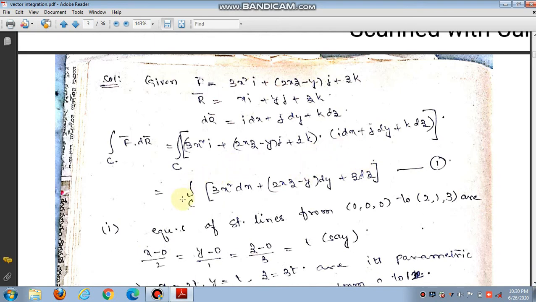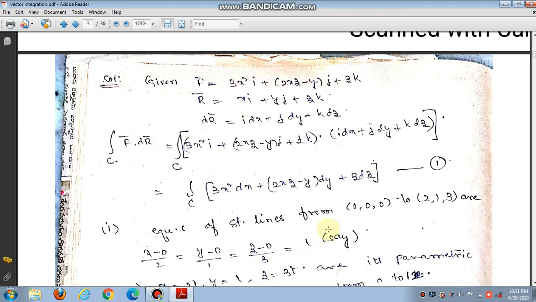But here two different problems are given, and the curve is defined in different ways. So first we consider the first question. The equation of the straight line from point (0,0,0) to point (2,1,3) in parametric form uses the formula (x − x1)/(x2 − x1) = (y − y1)/(y2 − y1) = (z − z1)/(z2 − z1) = t, a parameter.